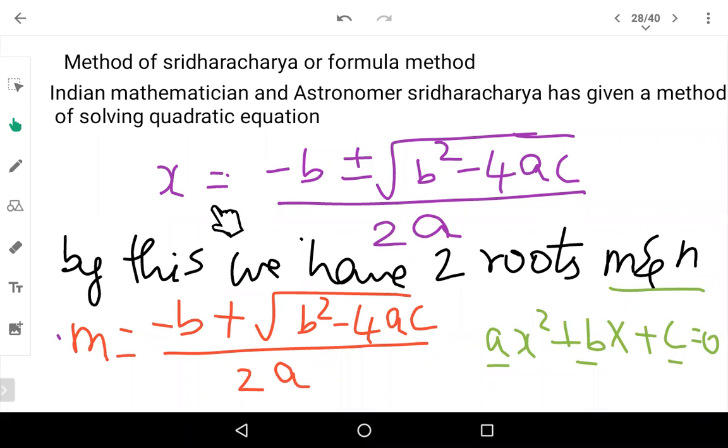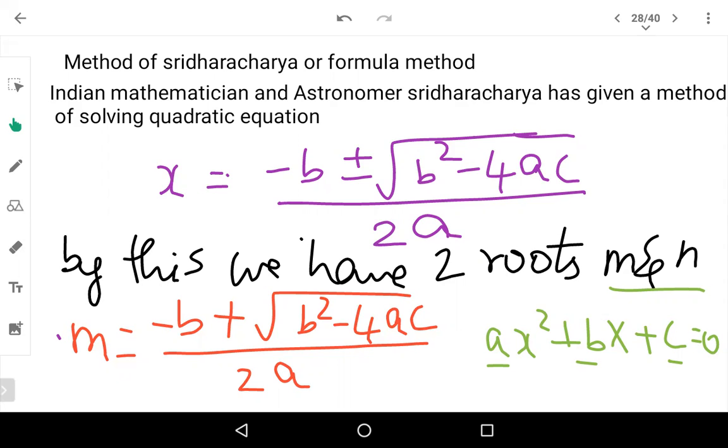Once again, x is equal to minus b plus or minus square root of b square minus 4ac divided by 2a. And one thing, in every problem, it is compulsory to write the formula. Formula also carries marks. So don't miss those marks by skipping the formula. Though you know how to solve the problem, mention the formula and then solve the problem.